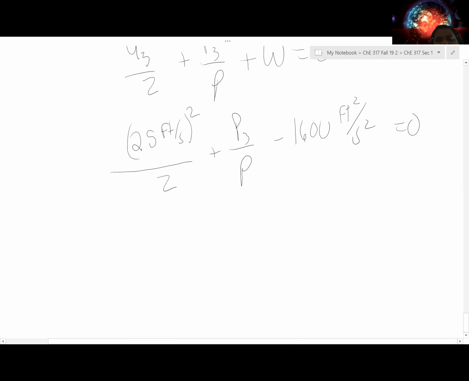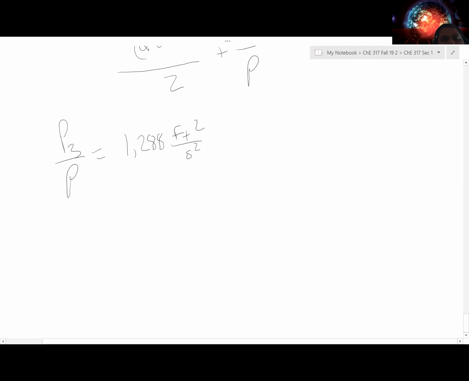And so what you should find when you do P3 over rho is this value should be 1600.5 minus 312 over 5.5, or about 1,288 feet squared per second squared, if my pen would work with me.